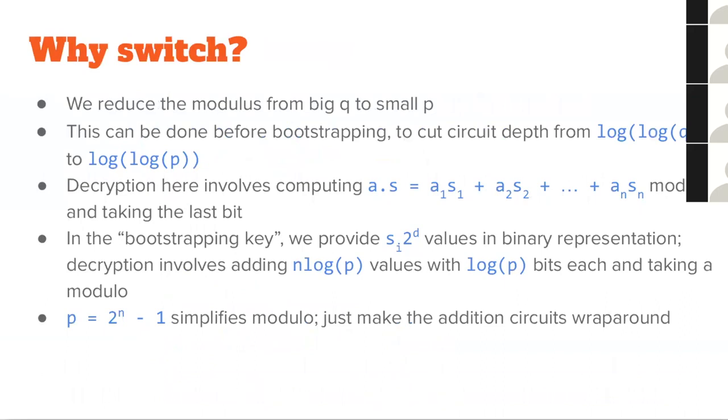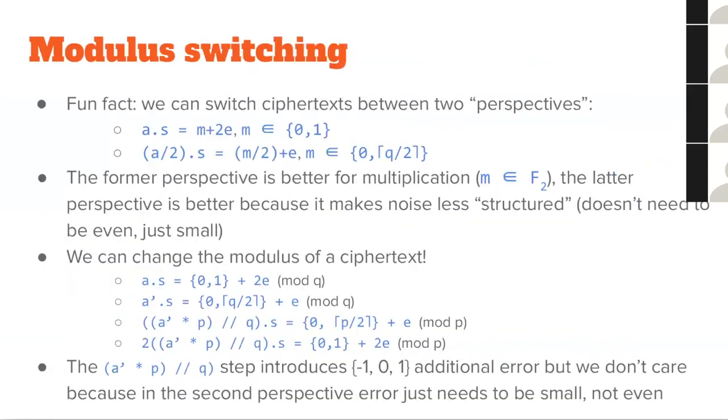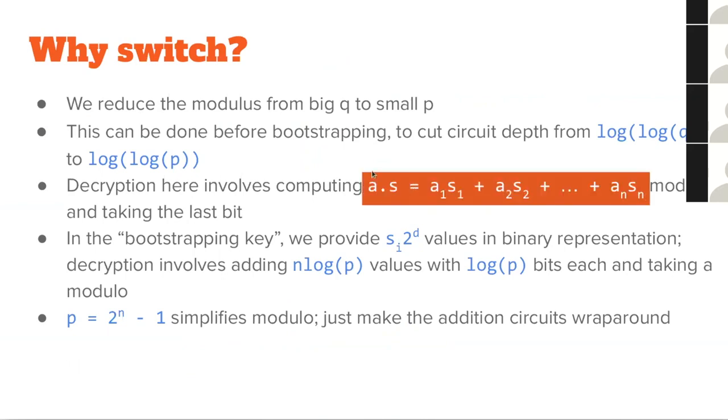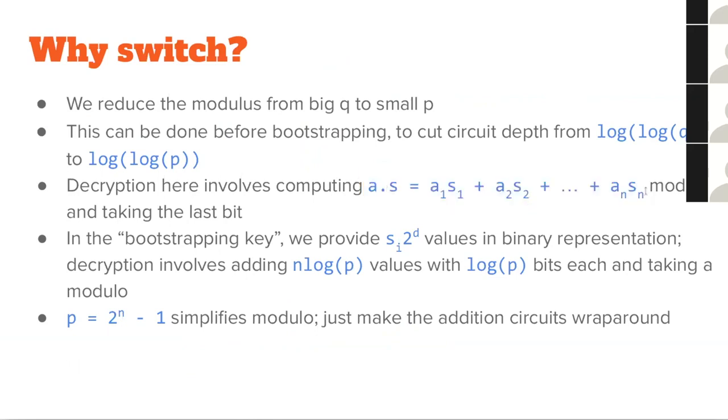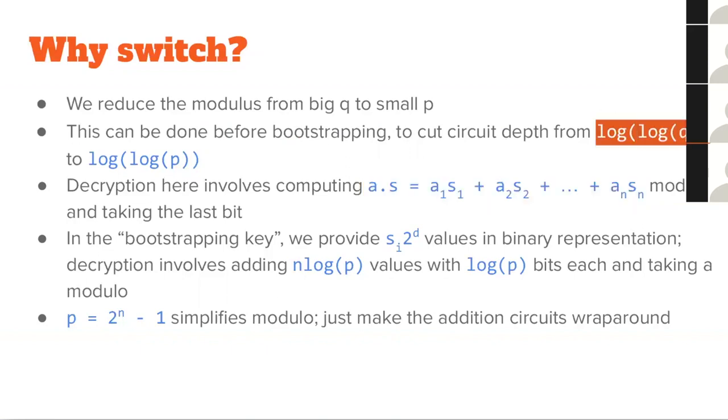So here is why we switch. There are two reasons to switch, actually. The first reason is this makes bootstrapping actually practical. Bootstrapping involves computing this dot product a.s mod q, and computing this dot product has a circuit depth of log q.